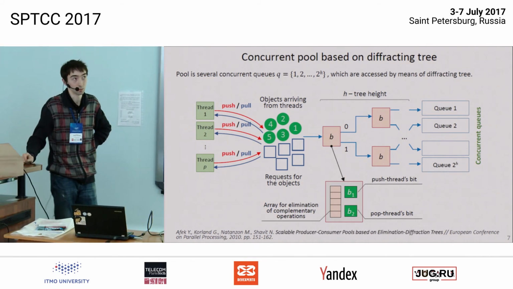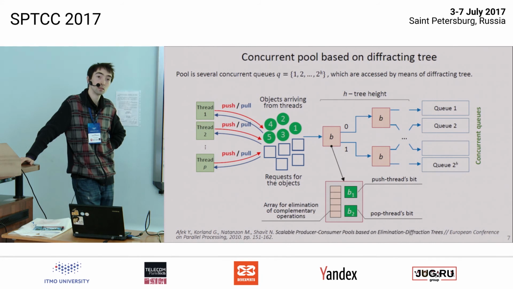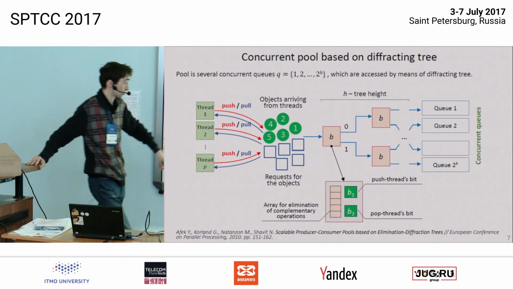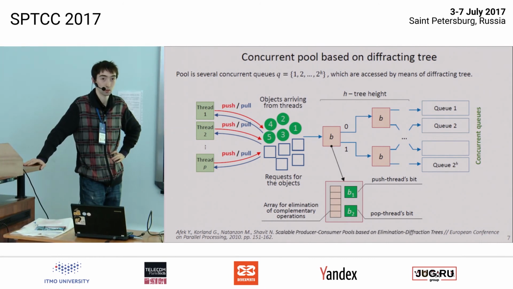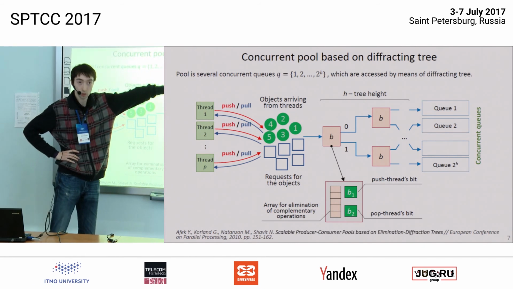So they're not supposed to be bottlenecks. There is no queue in the root of the tree, because threads just do operations and go to the next node and do operations and so on.